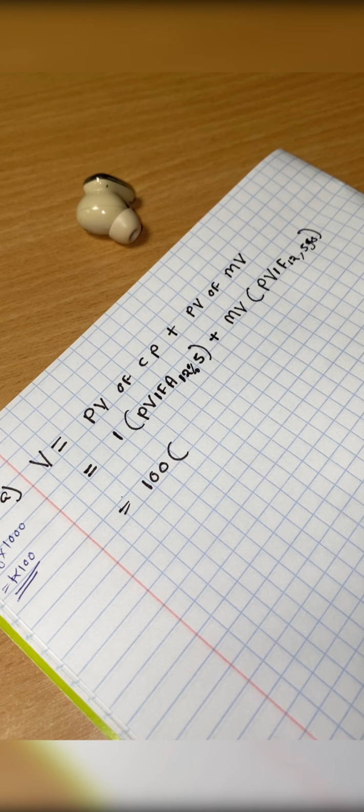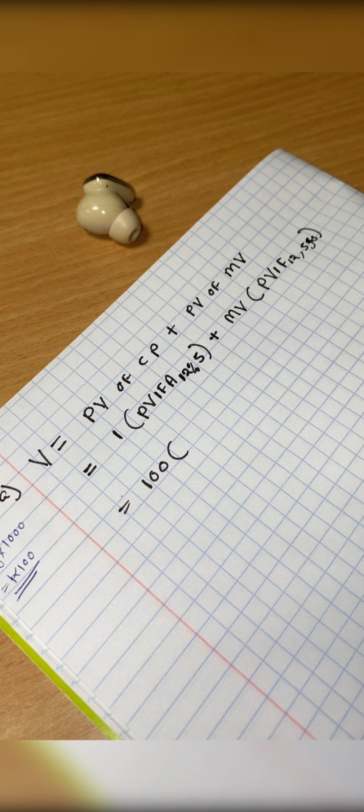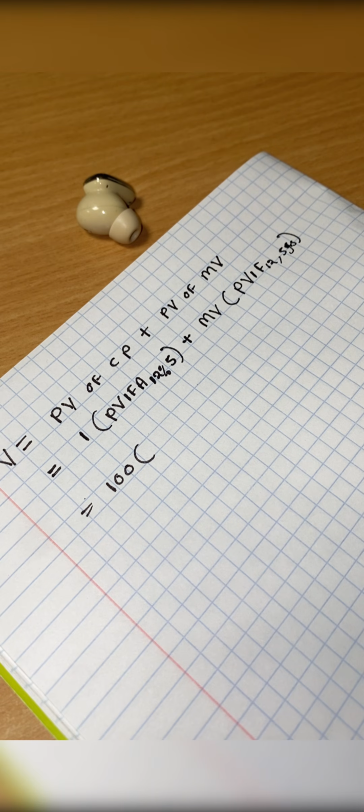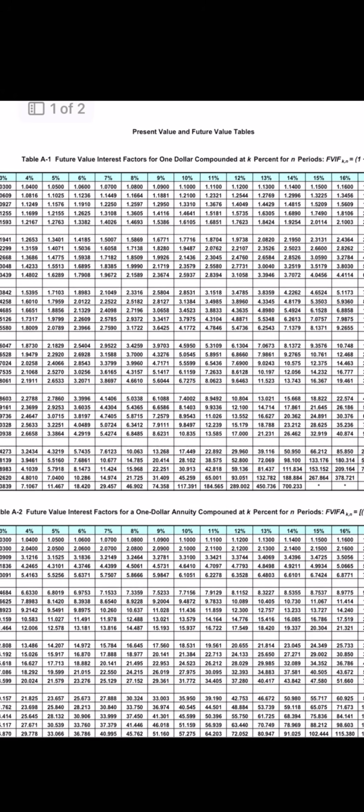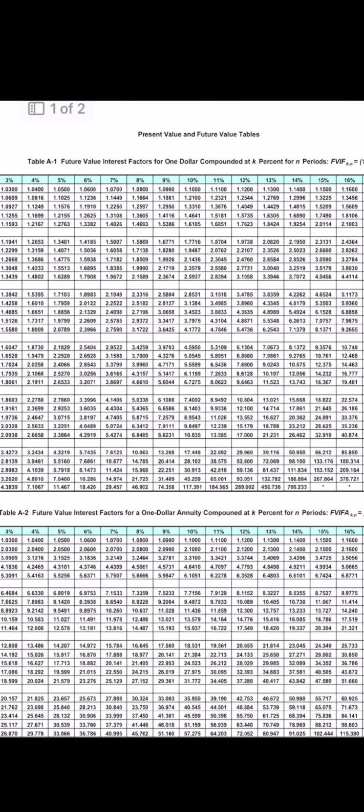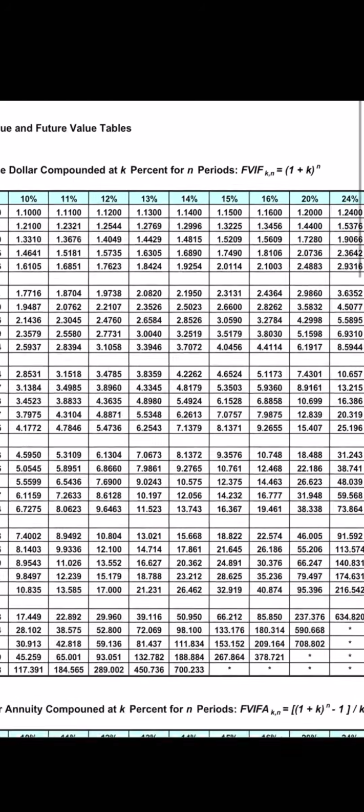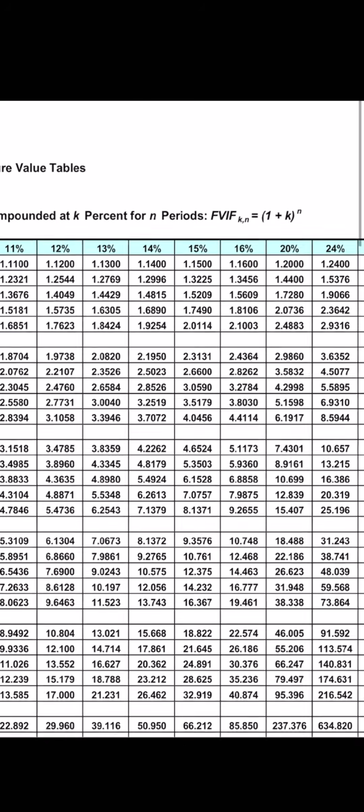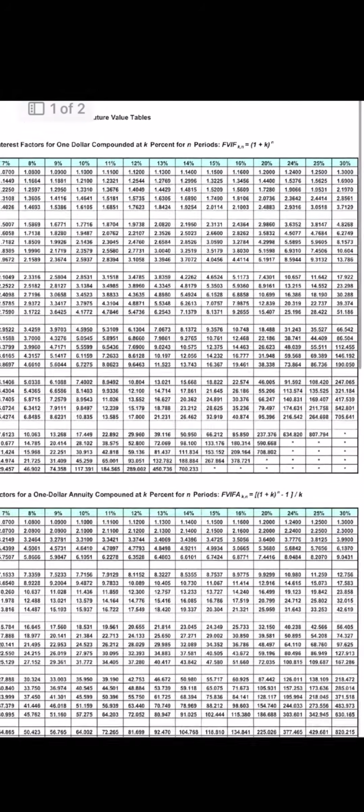So let me show you the tables where we are getting this, which in the exam are attached to the question paper. So this is the table. The table actually has 4 tables: table A1, A2, A3 up to A4. A1 has future value interest factor. That's not the one we are looking for.